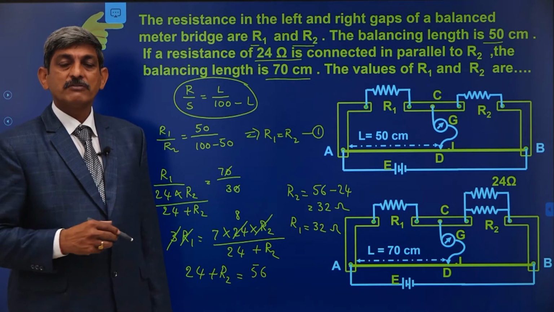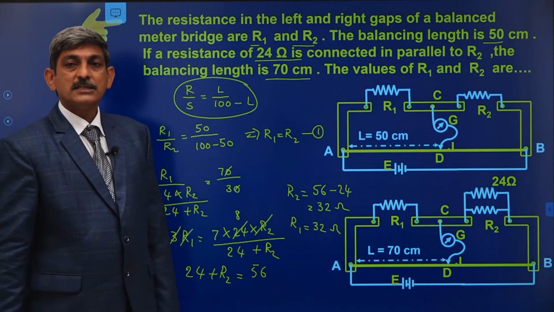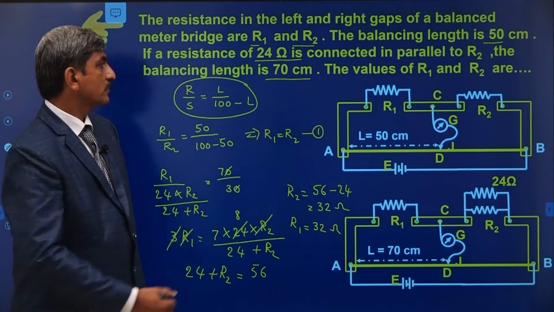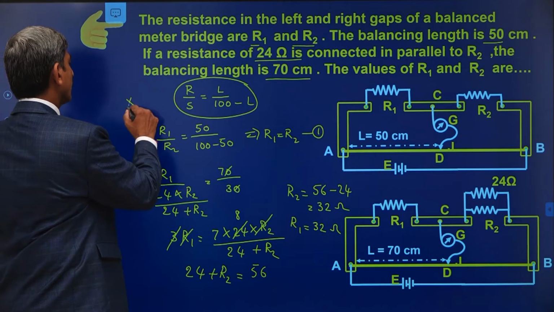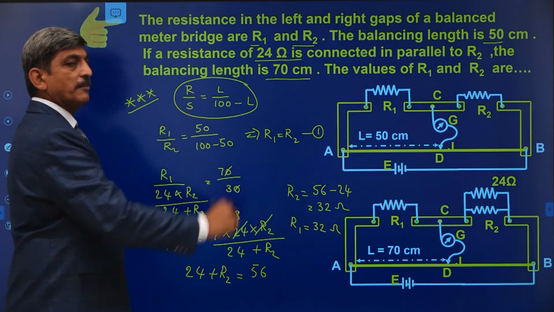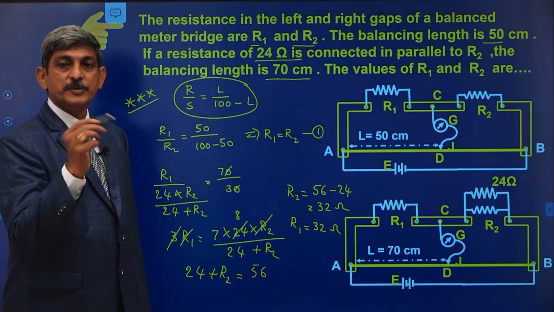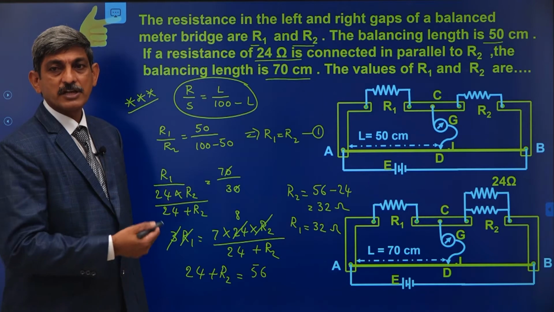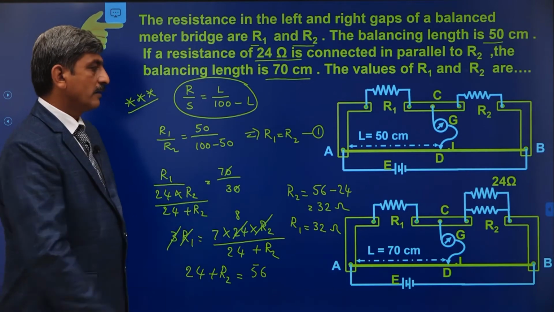By solving the 2 equations, we will get the unknown resistance values. So this is somewhat a standard model which was given many times in the previous examinations for the state level and also for the national level examinations, right?